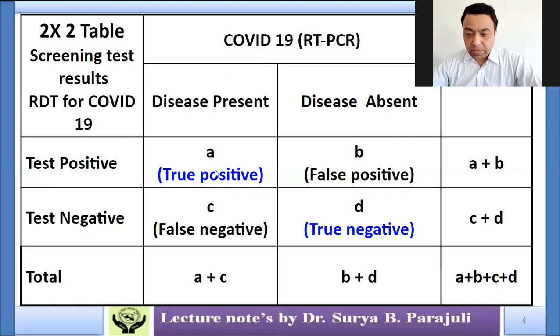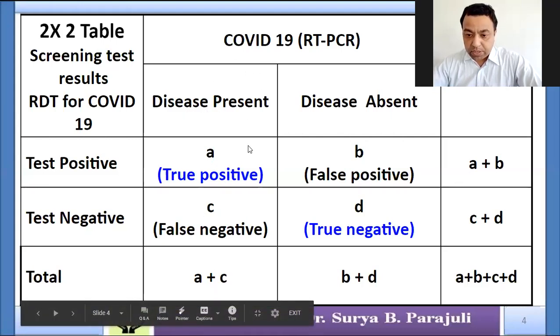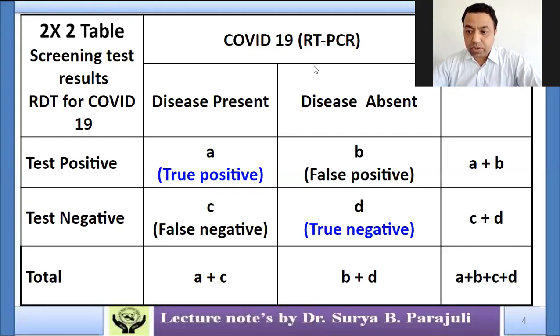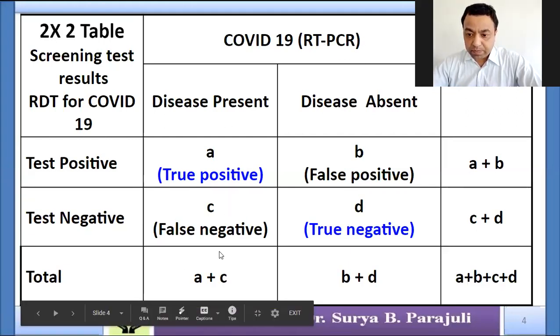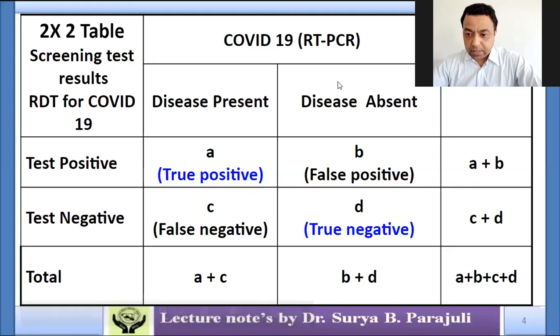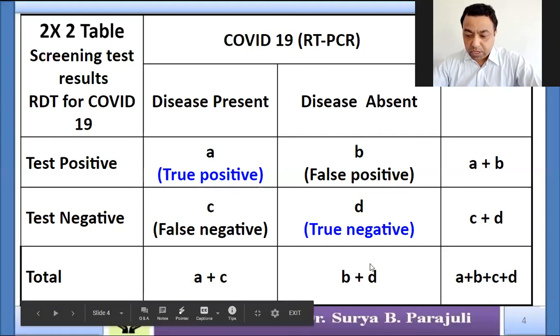So this is disease present. A plus C means positive through this diagnostic or gold standard test. And this second column is disease absent through this RT-PCR. So B plus D is the total, meaning disease absent.